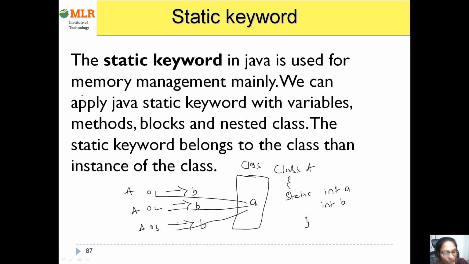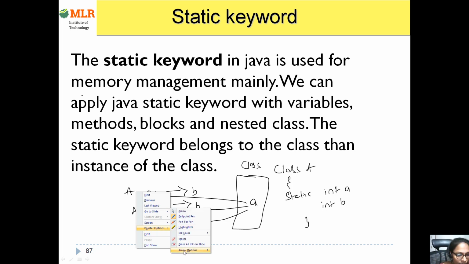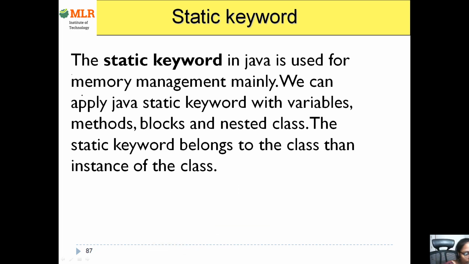That means whichever data is common for all the objects, that data you should declare as static. So the first thing is static with data. The data you declare as static is static data.